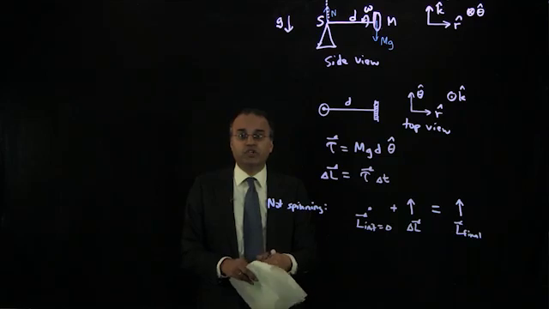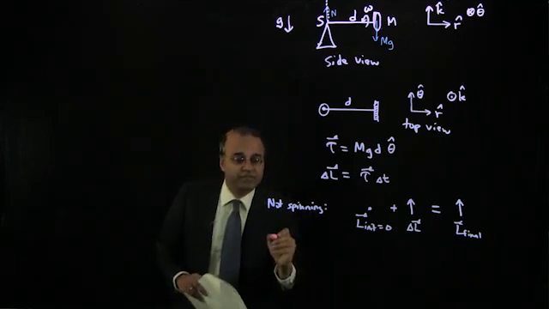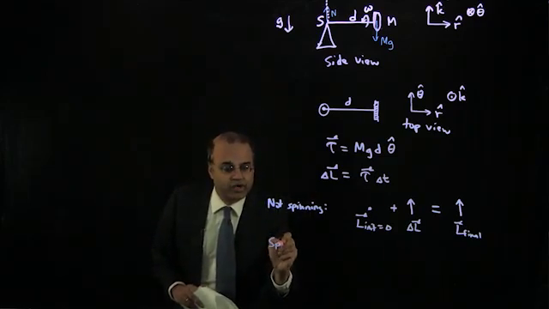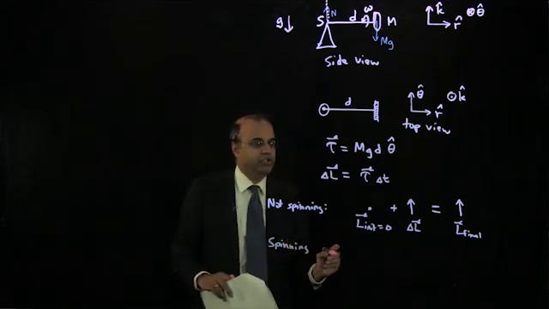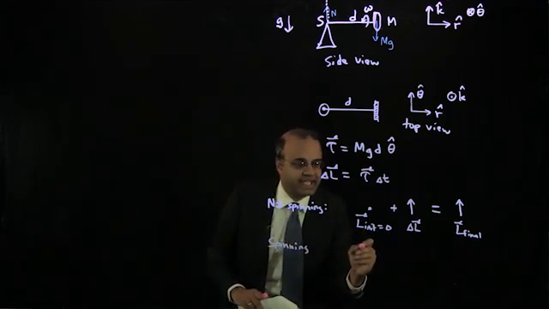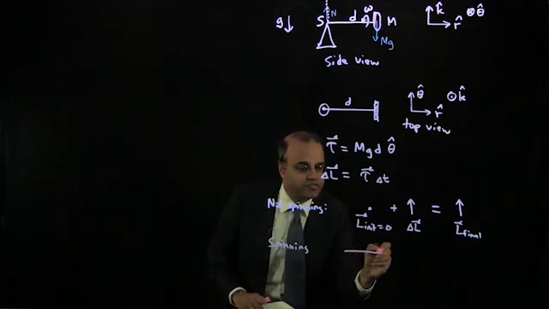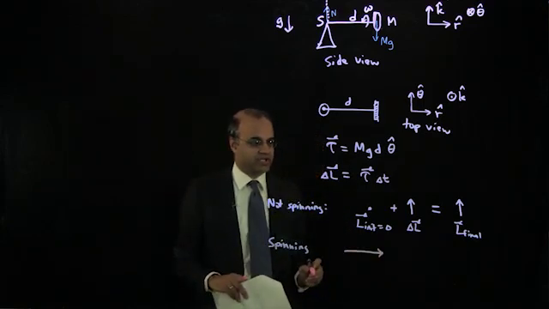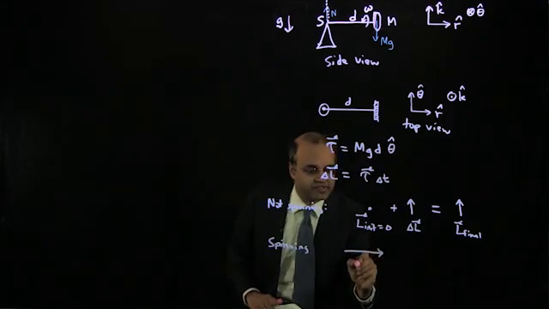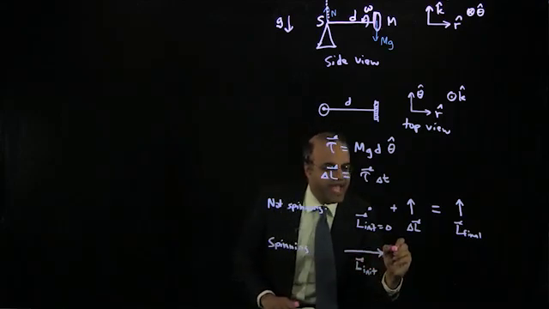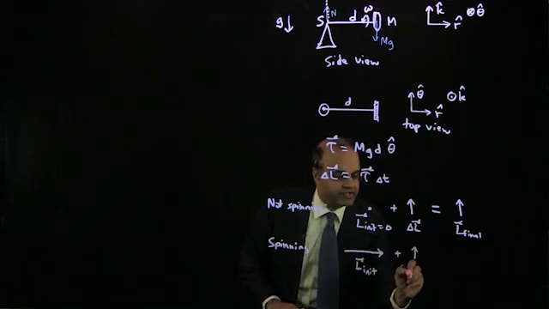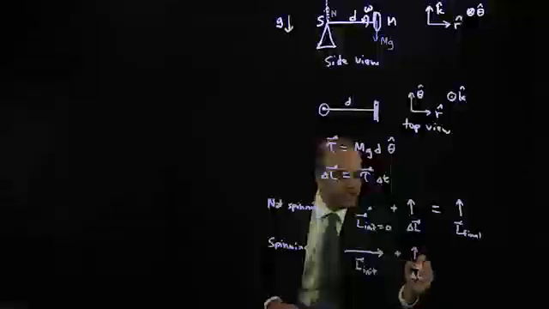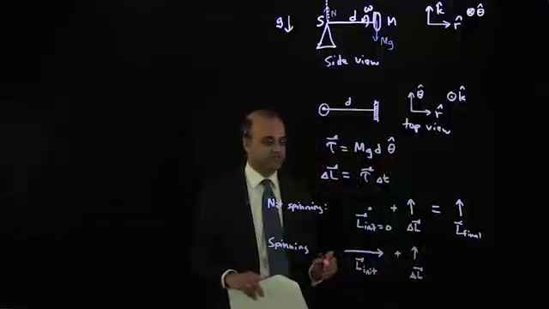So then what happens over a short time delta t? So now let's consider the case where the wheel is spinning. So now my initial angular momentum is a large vector pointing in the r hat direction. That's L initial. I'm adding a small perpendicular vector delta L in the theta hat direction.